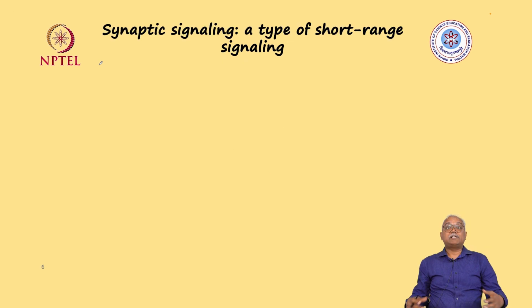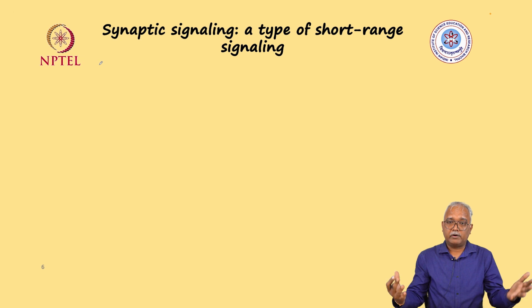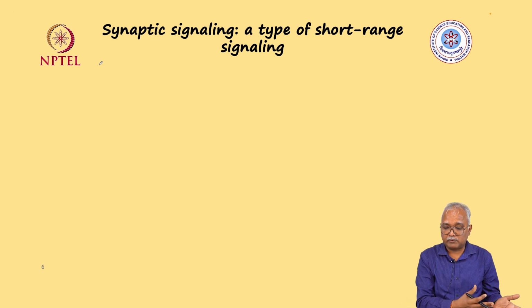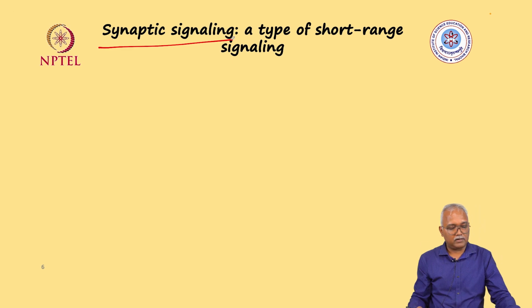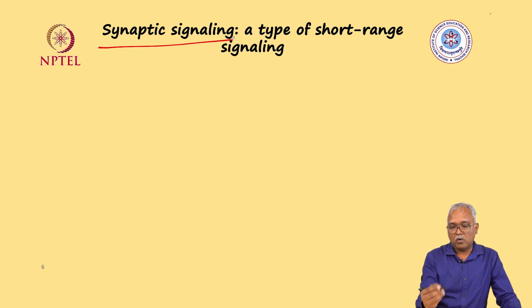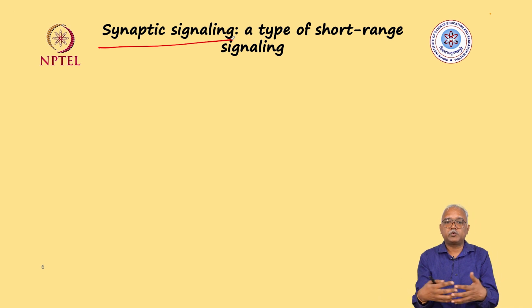Now there is a very specific type of signaling, which would be one of those types which we have discussed earlier, and this is where the signaling called synaptic signaling comes into play. You all know what a synapse is. Generally two neurons come together and form a synapse structure. They come in close proximity, right?